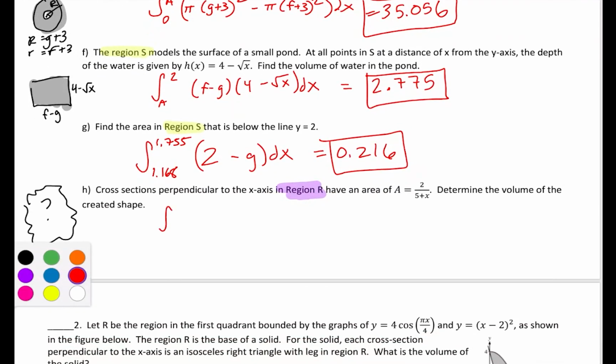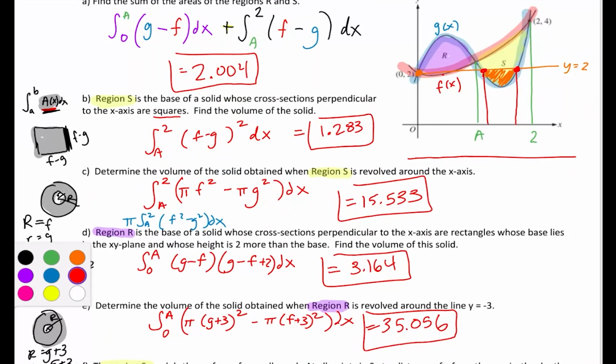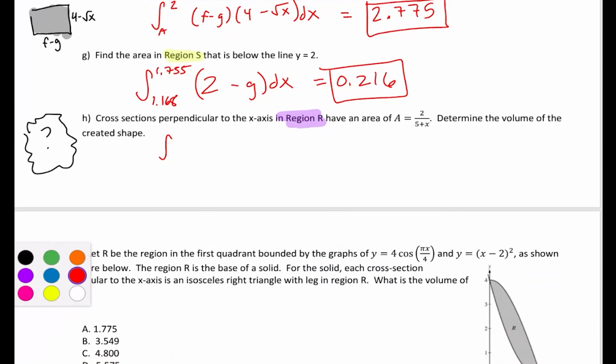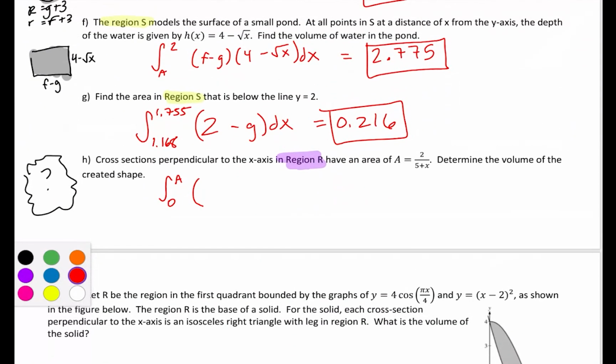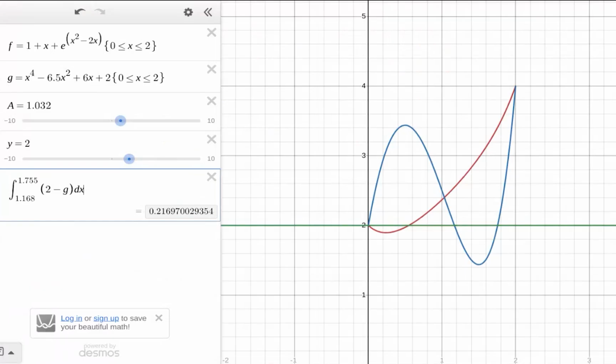So in region R, which was this leftmost region over there, here you can see in purple, goes from 0 to A. And our area is just 2 over 5 plus x. We don't have to investigate further, just dx. So we'll type that in.